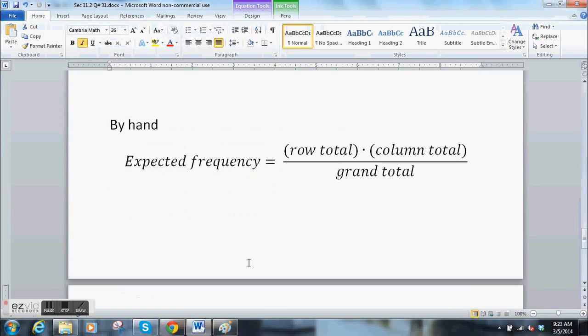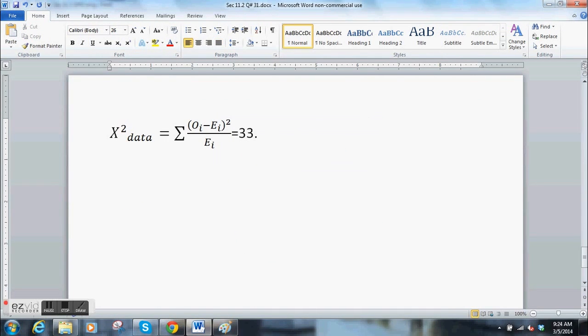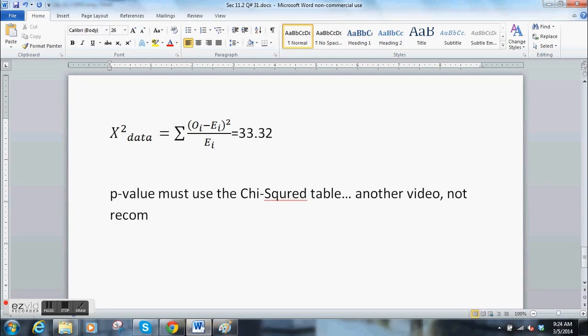So I'm going to stop here and say, by hand, you can get the test statistic equal to 33.32, which is close enough, and for the p-value, you must use the chi-squared table, which will be another video, but it's not recommended.